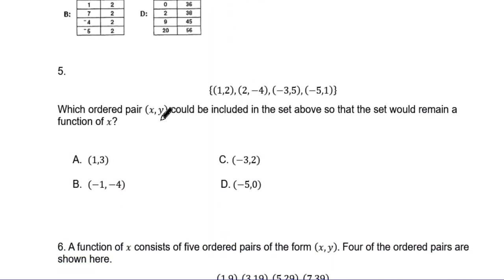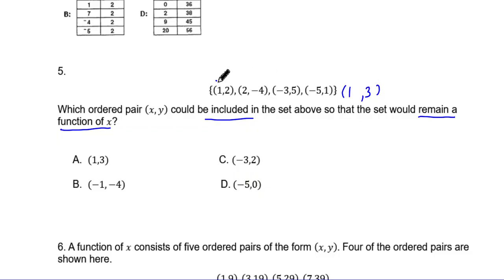All right, which ordered pair, x and y, could be included so that it would remain a function of x? Basically, I'm adding another point here that would keep this a function. If I add answer choice A, 1, 3, this would not be a function, right?